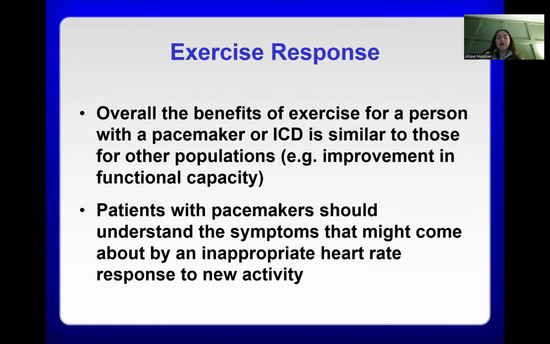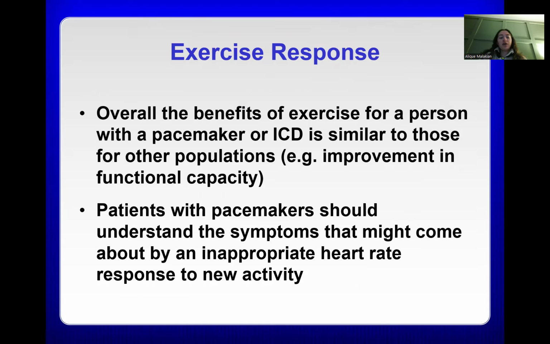So, how does a pacemaker impact someone's exercise response? Well, overall, the benefits of exercise are pretty similar to those of other populations, and I will list what those improvements are. This is likely due to the fact that this population probably has those comorbidities that we've already talked about, right? Stuff like I mentioned, hypertension, dyslipidemia, chronic heart failure, and so on and so forth.